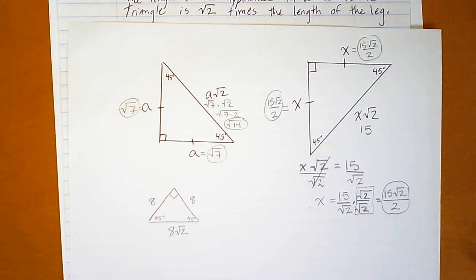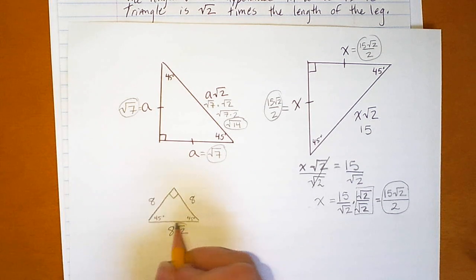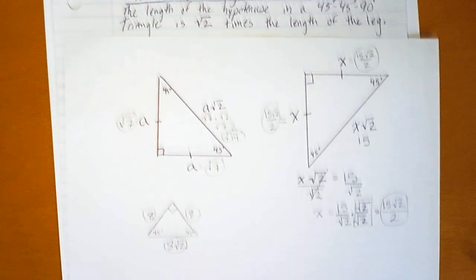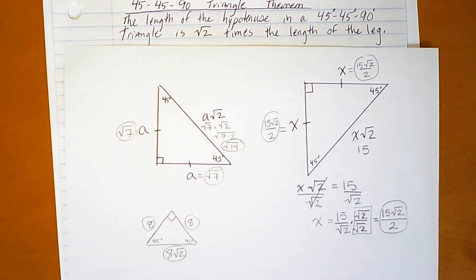And voila, I have another example. I hope this information was helpful. In all cases, we've used the theorem, which states, again, the length of the hypotenuse in a 45-45-90 triangle is root 2 times the length of whatever the leg is.